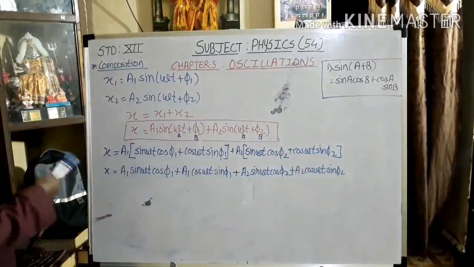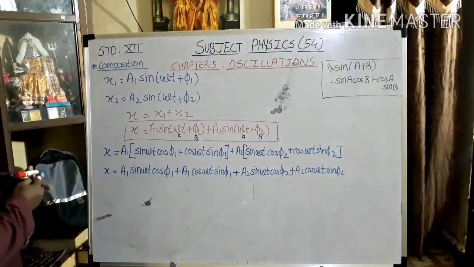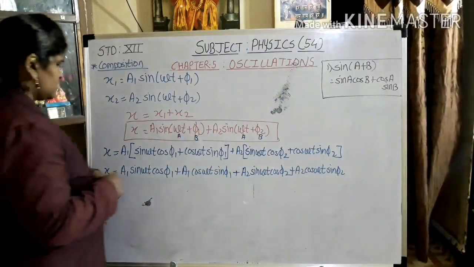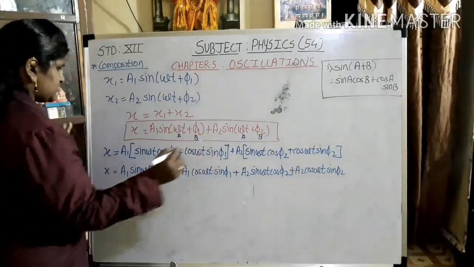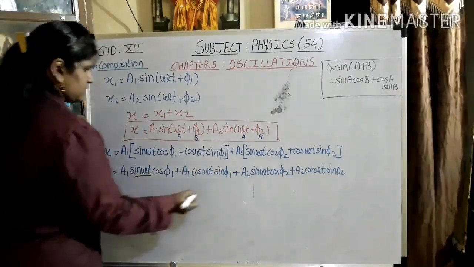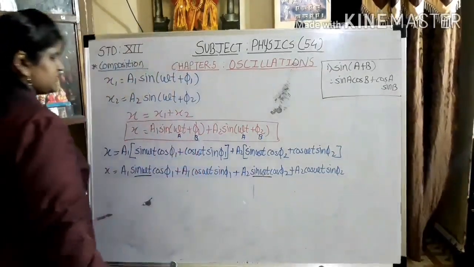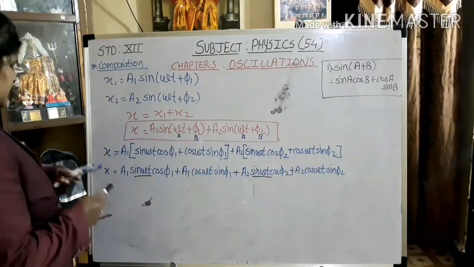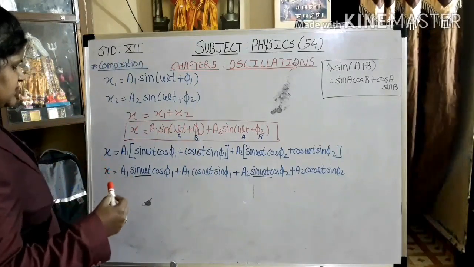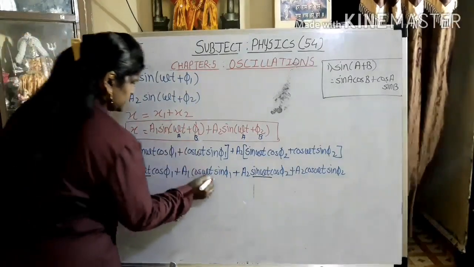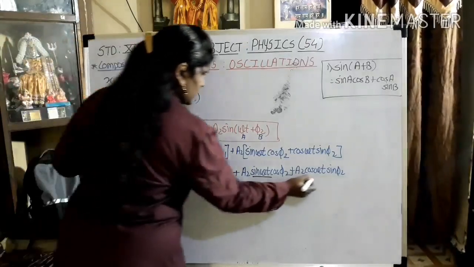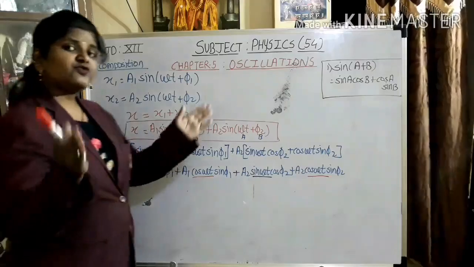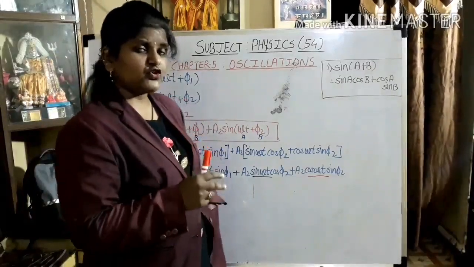Now observe the equation, in which you will find some equal terms. Which are they? You can see over here, in both the terms we have common sin omega t, and here you have the common term cos omega t. So we are going to combine the ones having common terms.